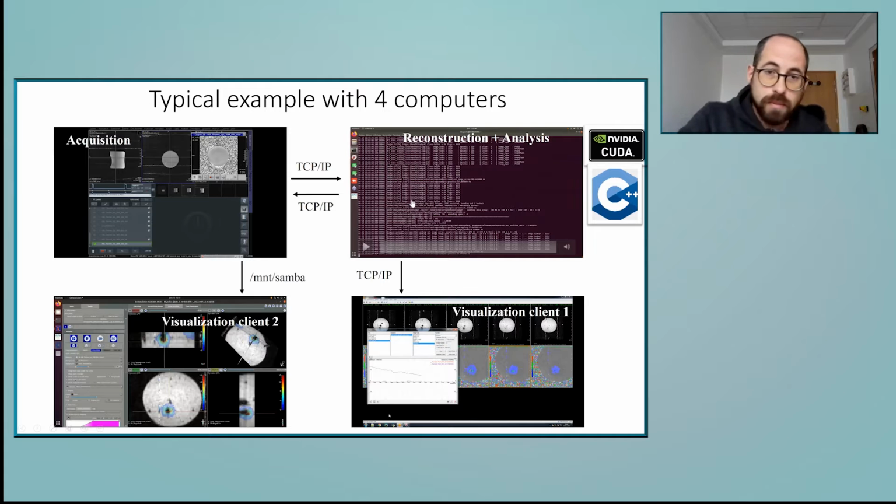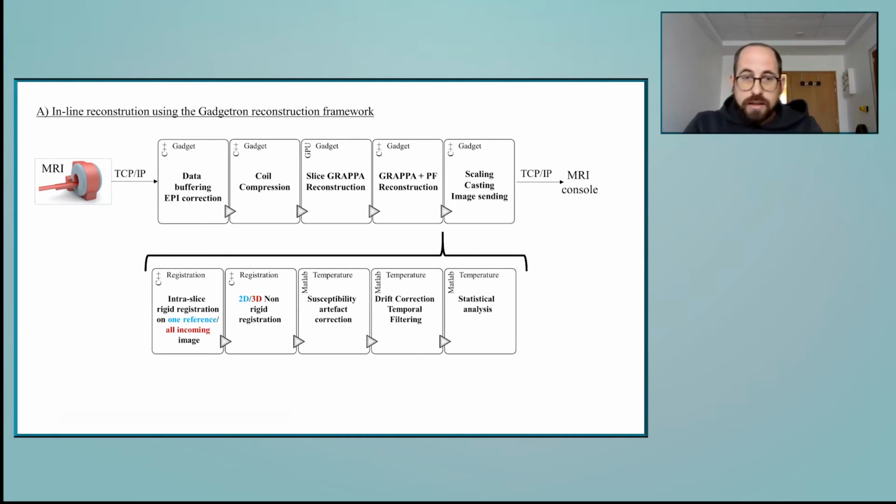In that case, you can integrate a lot of things. You have to do the EPI correction, and there is also SMS reconstruction in that case. So you can do the EPI correction, the coil compression, the slice GRAPPA reconstruction, and the GRAPPA reconstruction, and you can send the image back to the MRI.